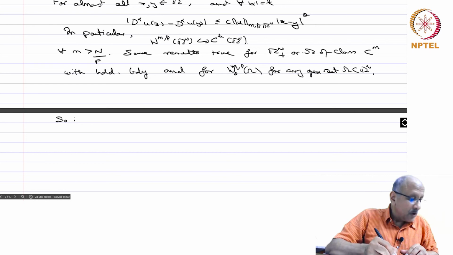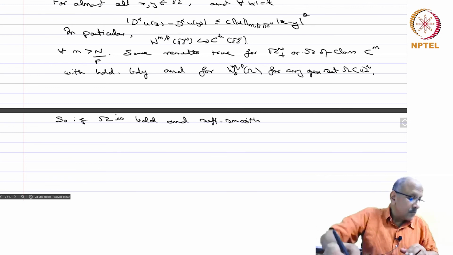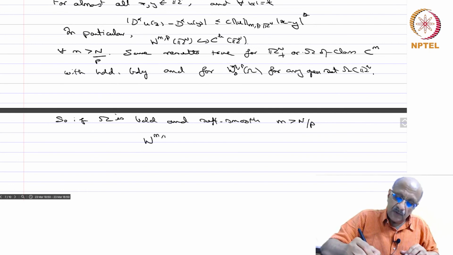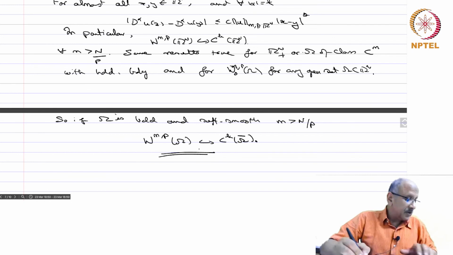So if Omega is bounded in particular and sufficiently smooth, and m is bigger than n/p, we have W^{m,p}(Omega) is contained in C^k of Omega bar. Okay, so this is the big theorem.